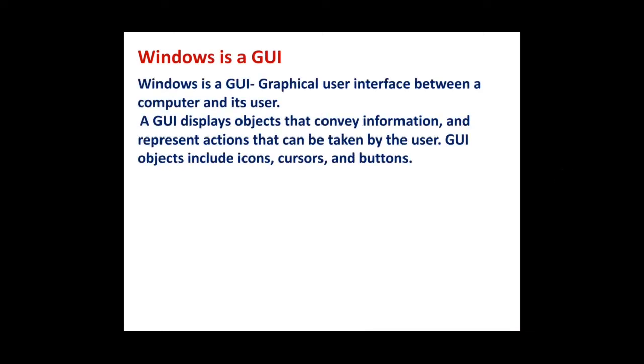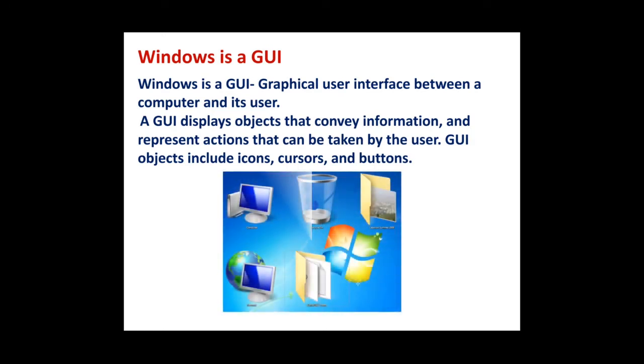There is one more term which is given in your book that is new to you all, that is GUI. So Windows is a GUI. The full form is graphical user interface. That is, it is a graphical interface between a computer and its user. GUI displays objects that convey information and represent actions that can be taken by the user. So on Windows, these icons are very familiar to you all.